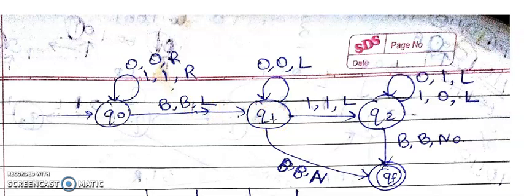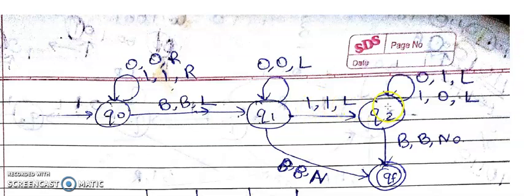Okay, what is the next step? Any number of 0s from right to left, keep it as it is and move left till you get the first one. The first one is kept as it is and move left.